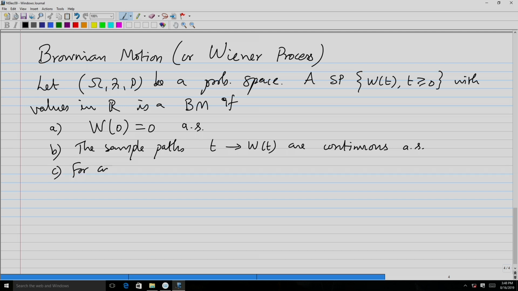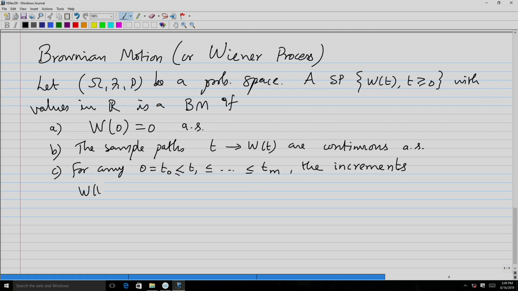Now, see, for any time points that you pick here, the following are what we call the increments of the process over the subintervals, which means the state change of the process in the subinterval between the points is what we call the increment.